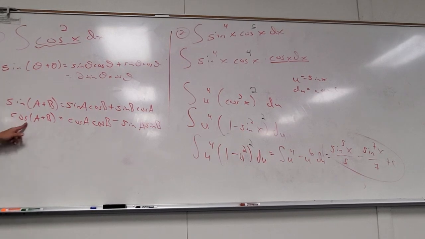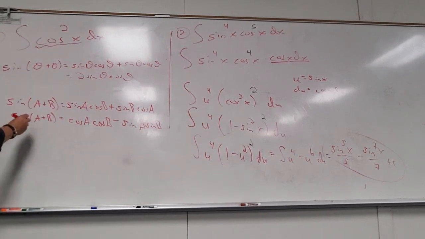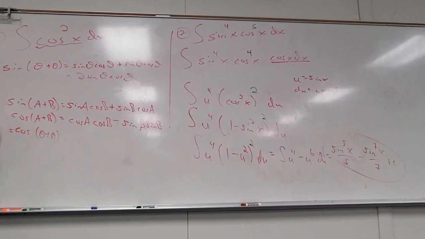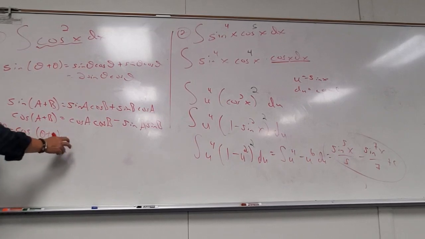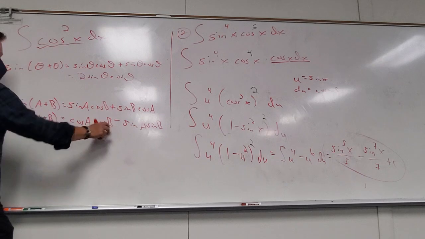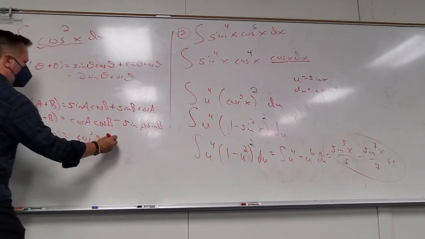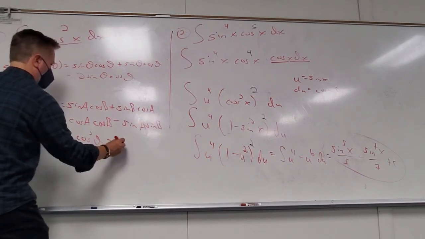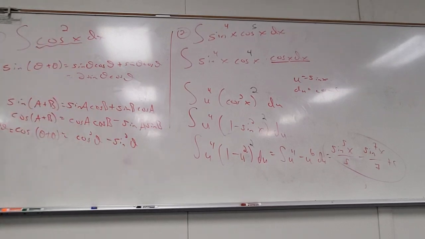So what if I do the same thing here? What would cosine of theta plus theta be, which is cosine 2 theta? It would be cosine squared theta minus sine squared theta. Right? Does any of this sound familiar?